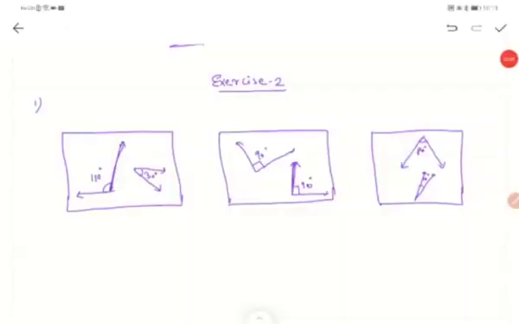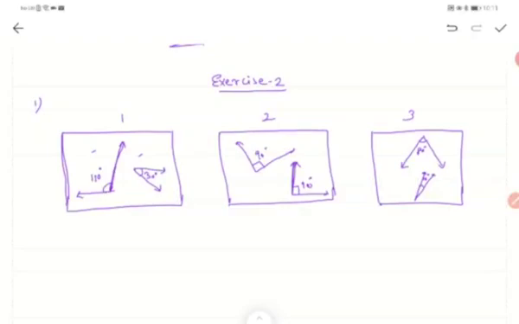So now I have pairs of angles. In boxes 1, 2 and 3 we have pairs of angles. Out of these pairs 1, 2 and 3, tell me which are complementary angles. So what are complementary angles?